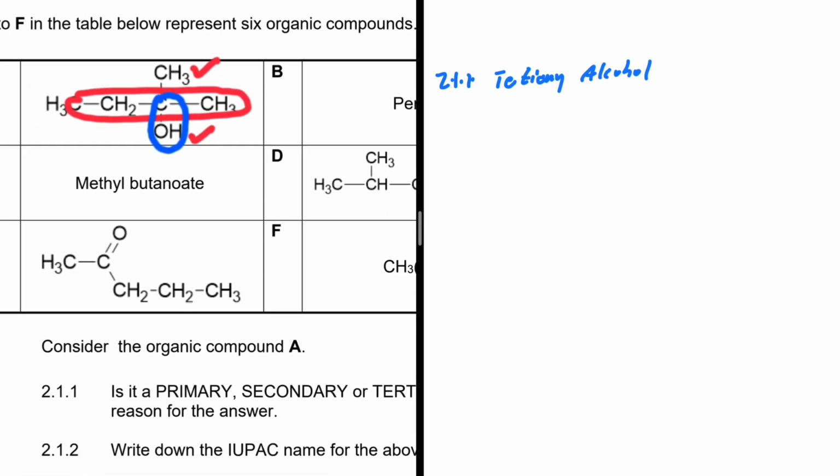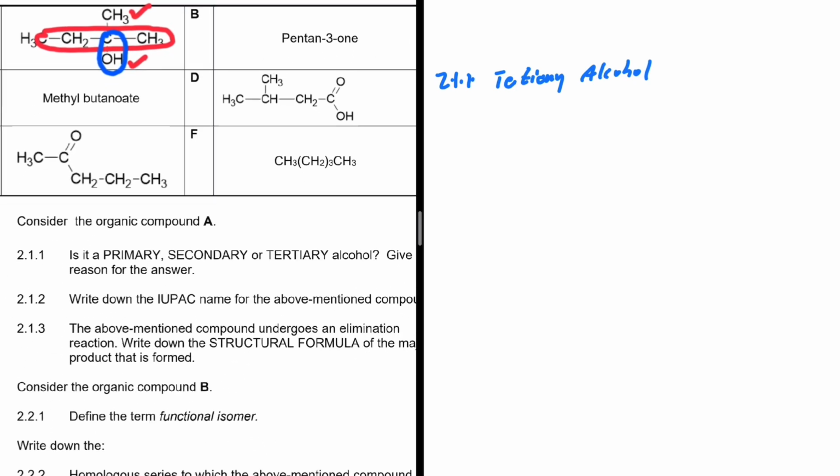If it was bonded to 2 carbons, it would make it a secondary alcohol. And if it is only bonded to 1 carbon, it would make it a primary alcohol. So right, it is a tertiary alcohol because the carbon bonded to OH is bonded to 3 other carbons. There we go. So that is 2.1.1.